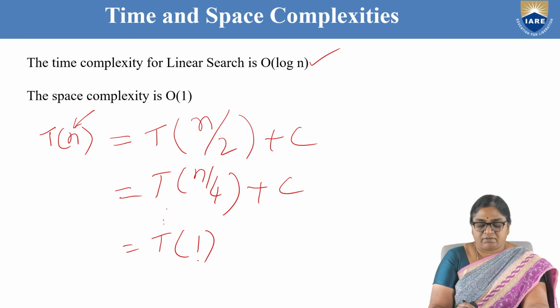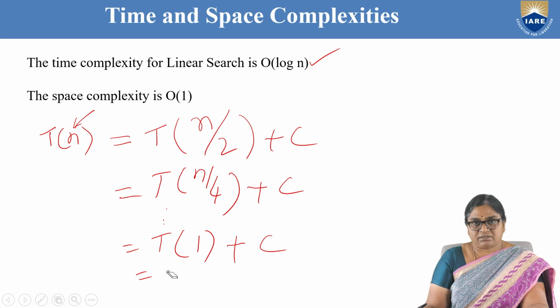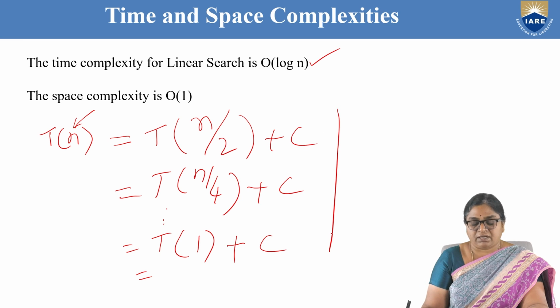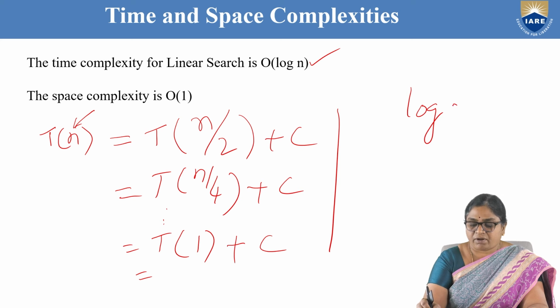That means when the size is equivalent to 1, plus some constant, it is some constant. This T of 1 is also some constant time. So if we add up all these recurrence relations, then the time complexity for the binary search algorithm is nothing but log n.